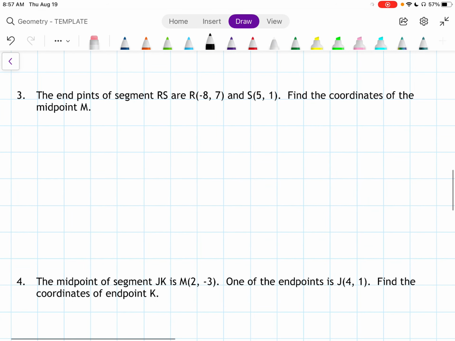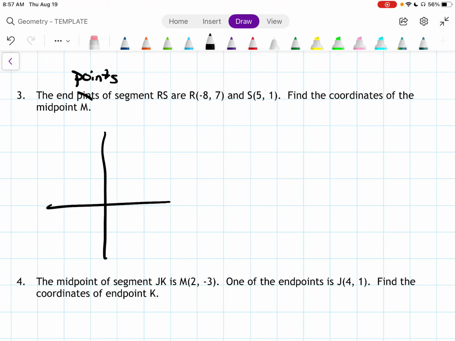All right? Let's do an example, and hopefully it makes a little bit more sense. The endpoints of segment RS are R, -8, 7, and S, 5, 1. Find the coordinates of the midpoint M. I'm not going to draw this too well, but R would be over here, and S would be over here.